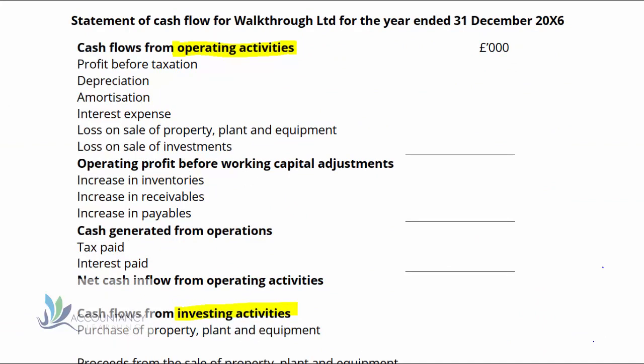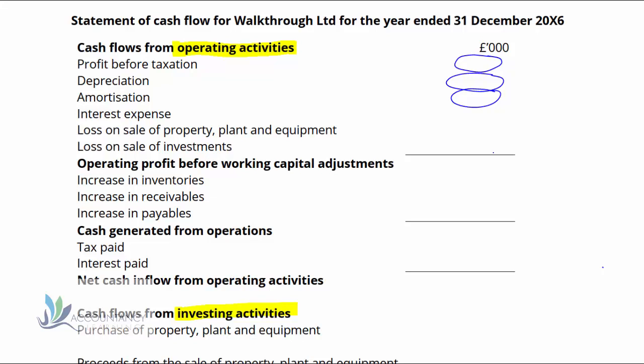So they might want to first of all work out what is the profit before tax, and then find out what is depreciation, and then what is amortization. But the risk of this is that you're going to spend a lot of time scrolling through the question to try and find the information that you need, and that could be a big waste of time. The other risk as well is that if you don't go through the question line by line, then you may miss some numbers that you need.